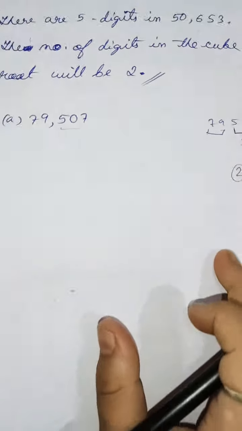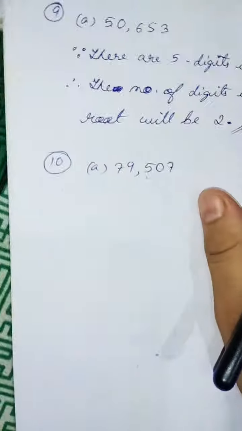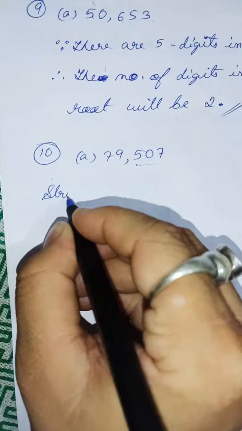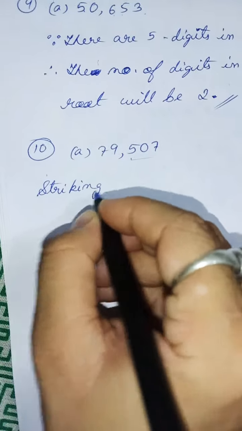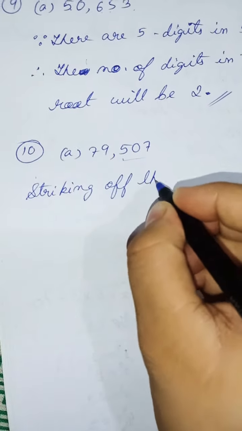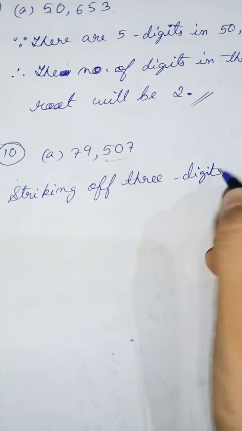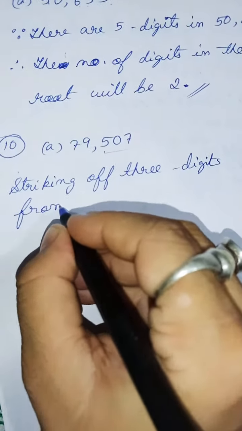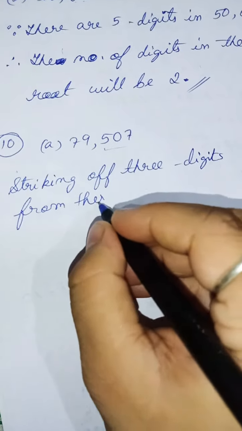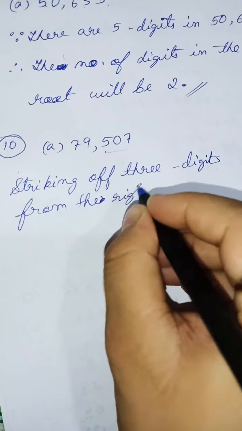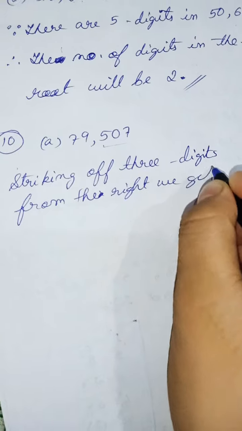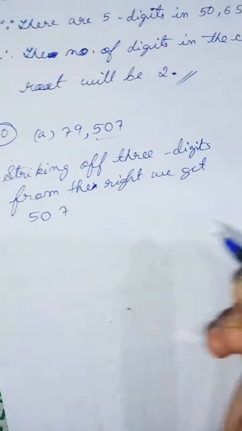So I'll not write it as group, I'll write it like this: striking off 3 digits from the right, we get 507.